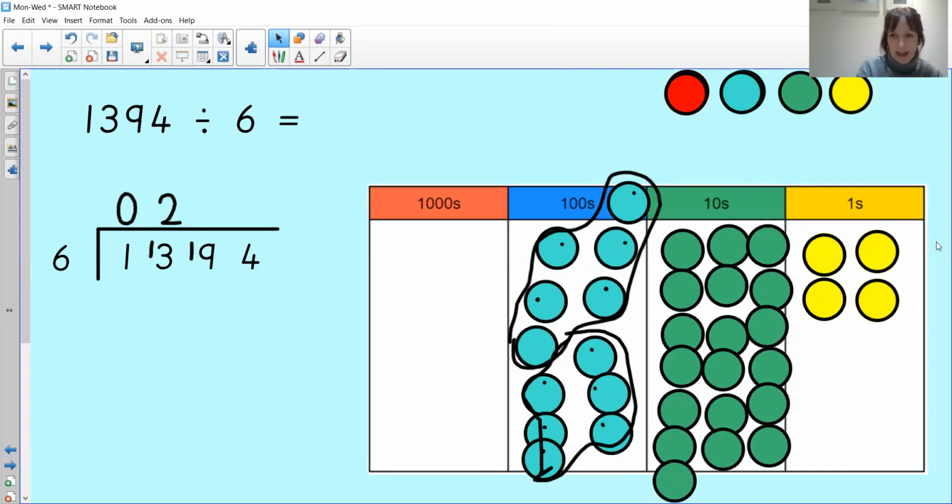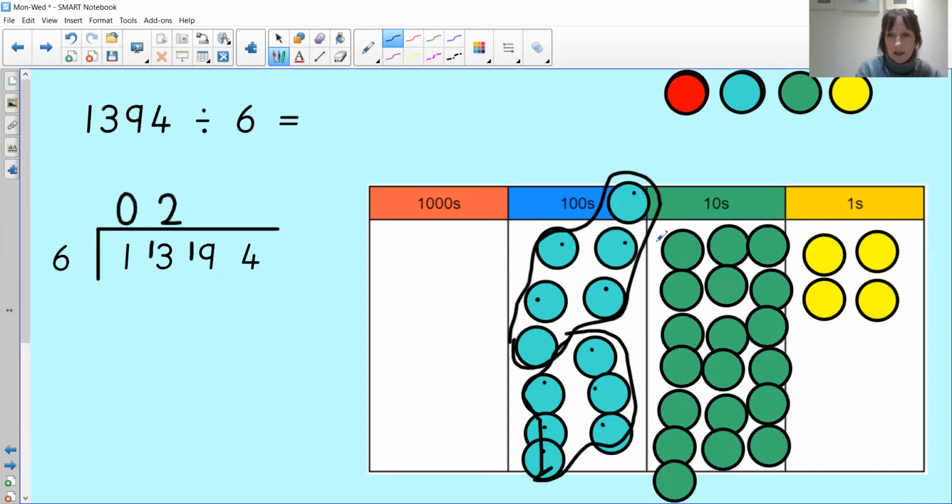So this time I've now got 19 in my tens. So how many groups of 6 can I make out of 19? Now, if you know your 6 times table, you will be able to think about this in your heads. How many 6s can you make out of 19? Remember, you can't go over 19.